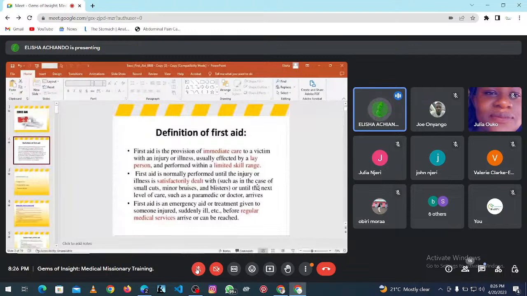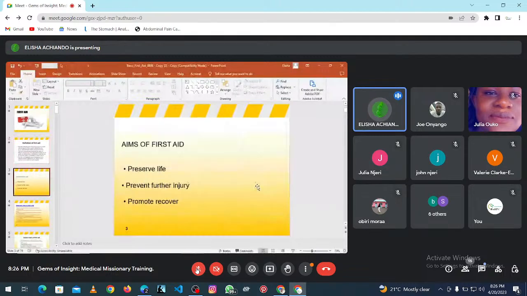So basically, that is the definition of first aid. And what are the main aims? We have a lot of aims in doing first aid, but the 3 major aims are to preserve life, to prevent further injury, and to promote recovery.